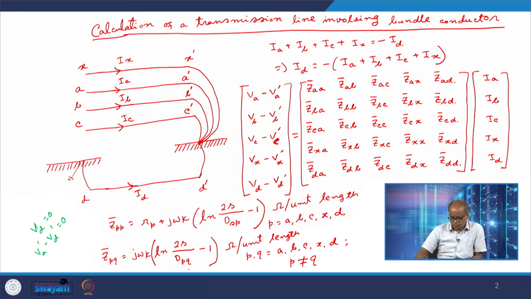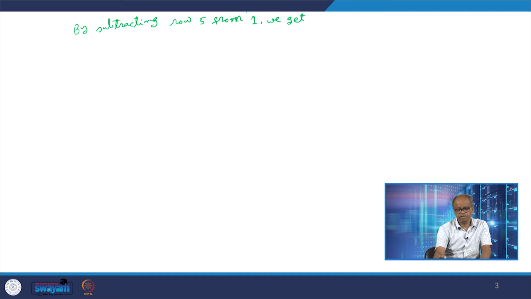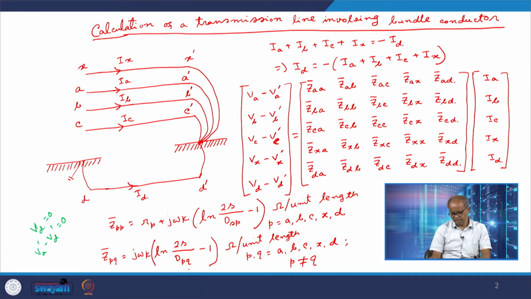By the same method, by subtracting row 5 from row 1, we get that Va minus Va dash minus Vd minus Vd dash is equal to ZAA minus ZDA.